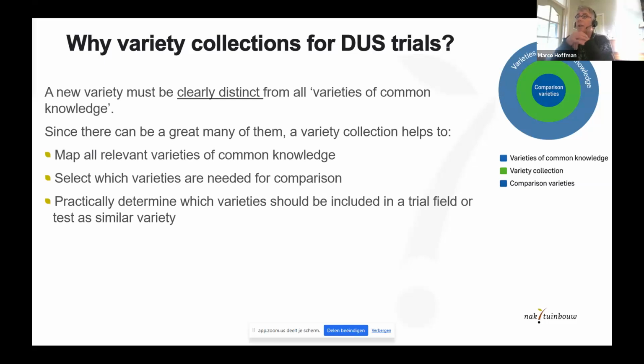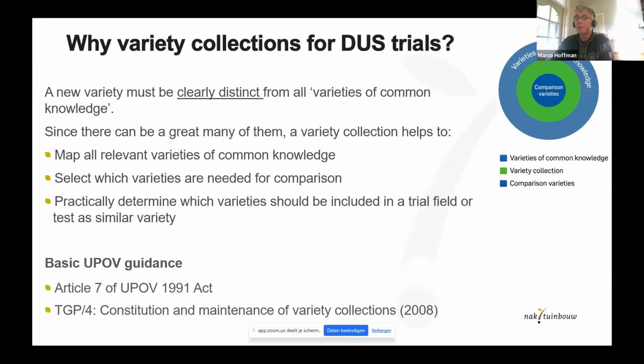And since there can be a great many of them, a variety collection helps the DUS examiner to map all the relevant varieties of common knowledge. Again, there can be a selection of which varieties are needed for comparison. And of course, at the end, practically determine which variety should be included in a trial as a similar variety.